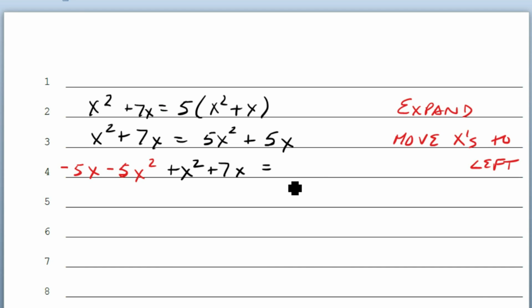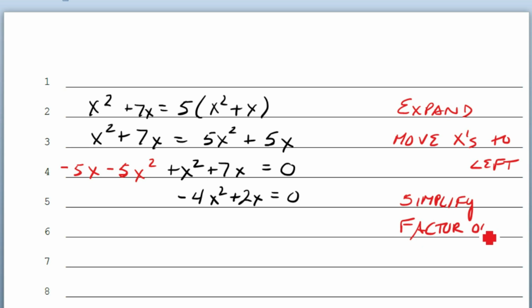And we got rid of these on the right side, so it'll be 0. And combine like terms, the two x squared terms can go together. Minus 4x squared. And you'll have a plus 2x, combining minus 5x plus 7x. Equals 0, and then you can simplify by factoring out an x.